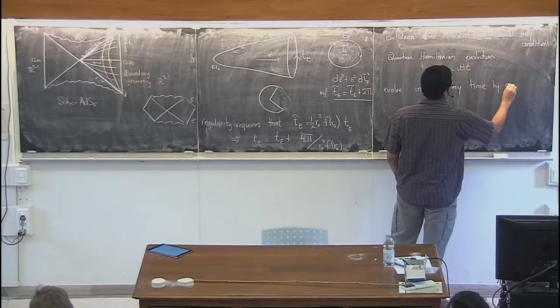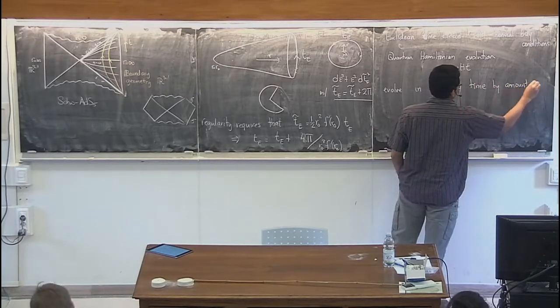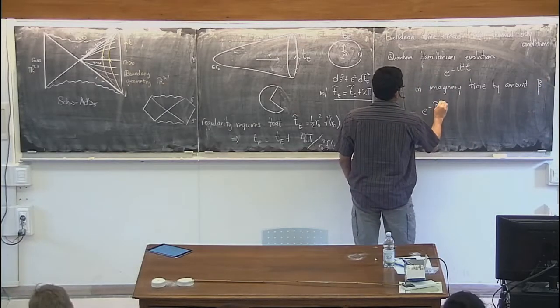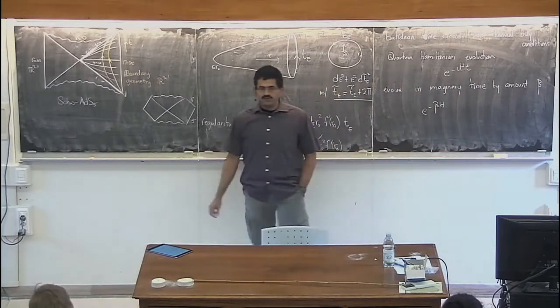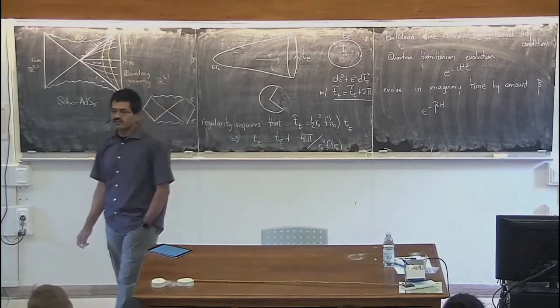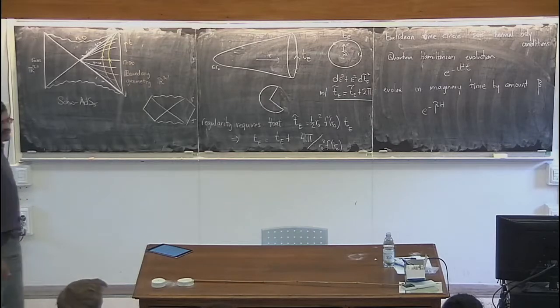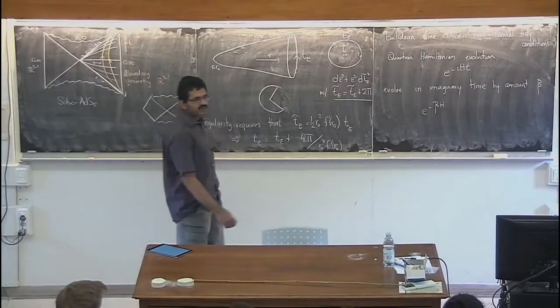by amount beta, then this evolution operator becomes e to the minus beta H, which is what I motivated studying thermal partition functions by.